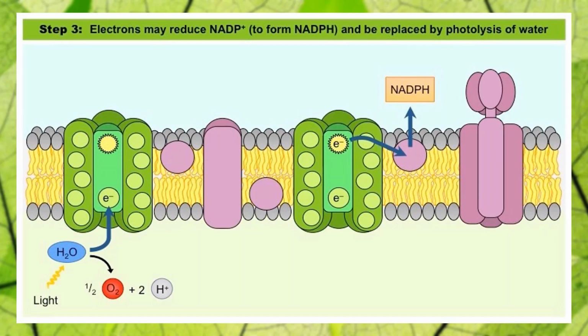The electrons lost from photosystem 1 are replaced by the de-energized electrons from photosystem 2. The electrons lost from photosystem 2 are replaced by electrons released from water via photolysis. Water is split by light energy into hydrogen ions and oxygen.